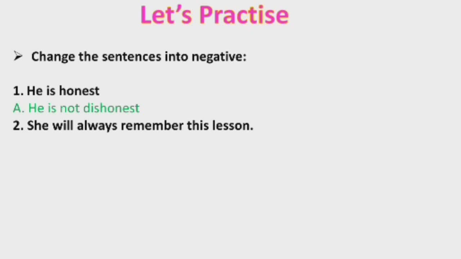As per the rule, always can be replaced with never, and we can take the opposite of remember, that is forget. So never forget means always remember, simple. So both have the same meaning again, but the sentence has become negative because we have used never.